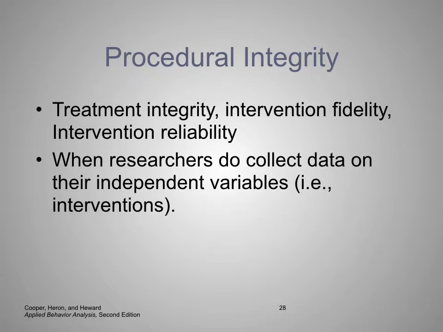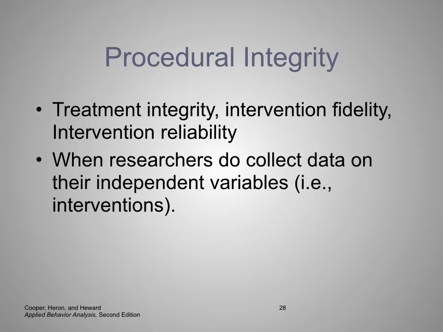But sometimes researchers collect data on the independent variable, which is intervention, because they want to know that they deliver the intervention correctly, like with high fidelity. So, for example, researchers create a list of steps of intervention.